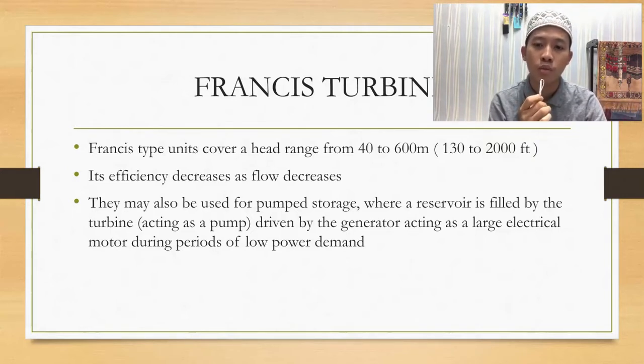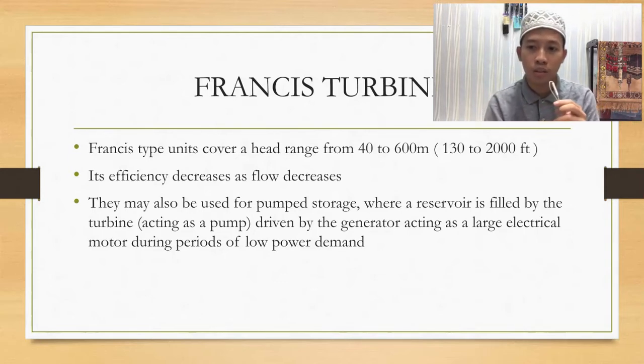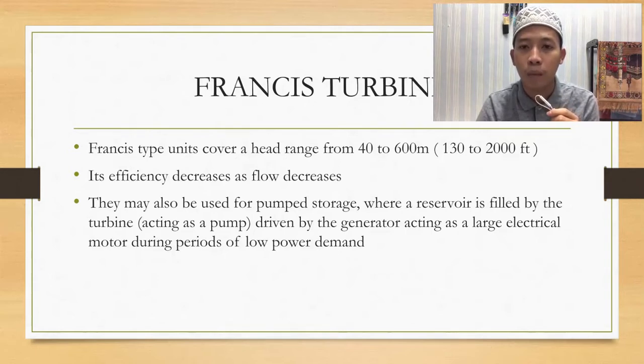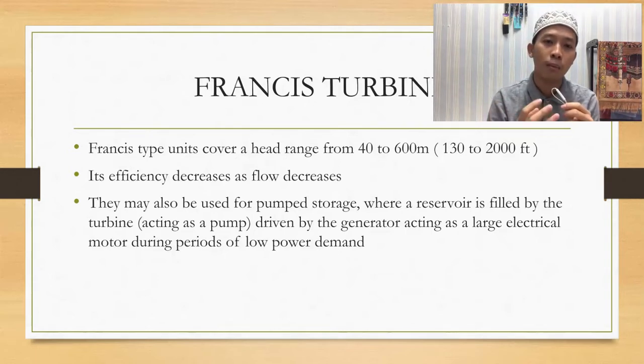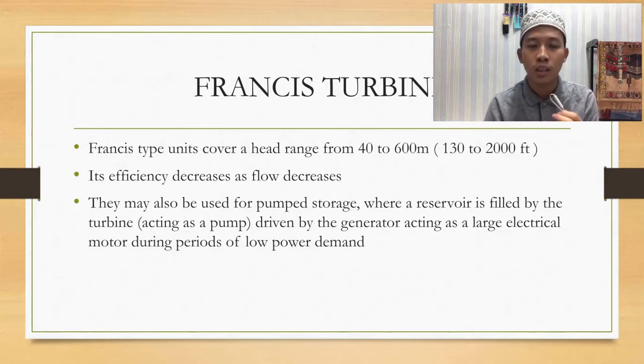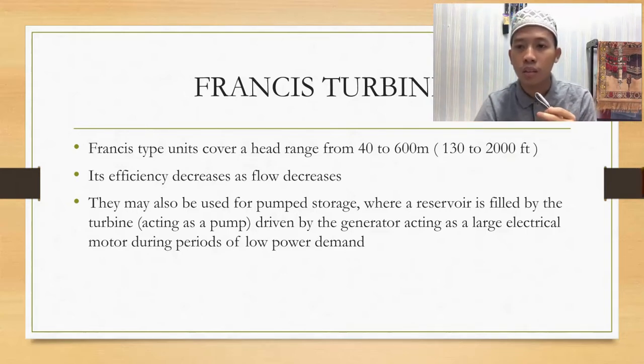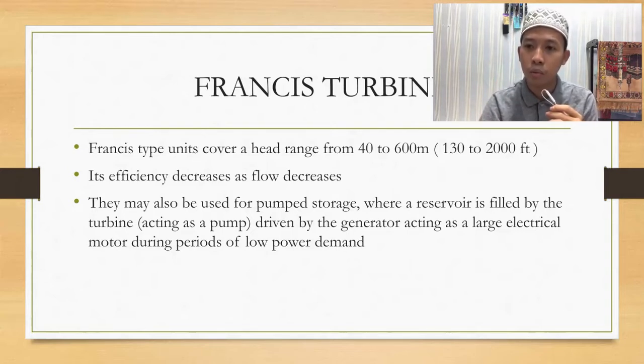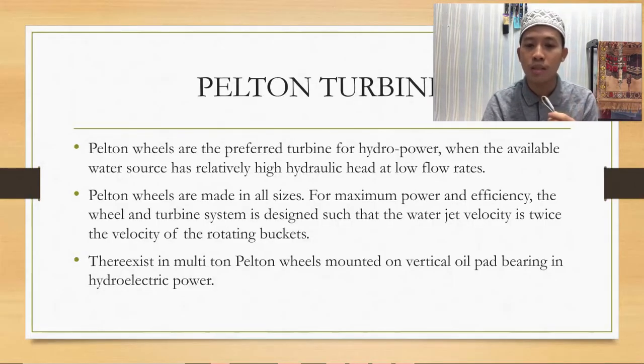They may also be used for pump storage, where a reservoir is filled by the turbine acting as a pump, driven by the generator acting as a large electrical motor during periods of low power demand. The name Francis turbine is because the design looks like the Francis type. So the range of the feet is quite big.